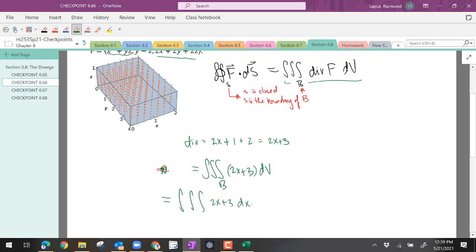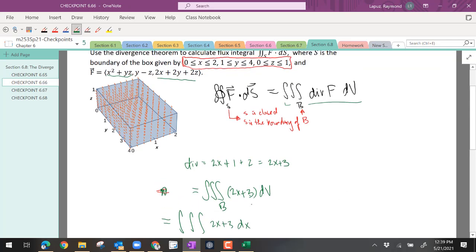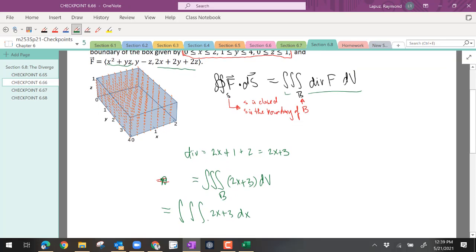If we do this with respect to x first, the x limits are going to go from 0 to 2. With respect to y next, the y limits are going to go from 1 to 4, and with respect to z, that's going to go from 0 to 1.